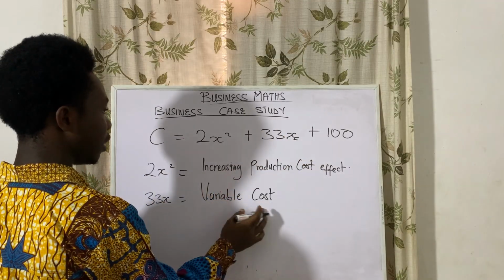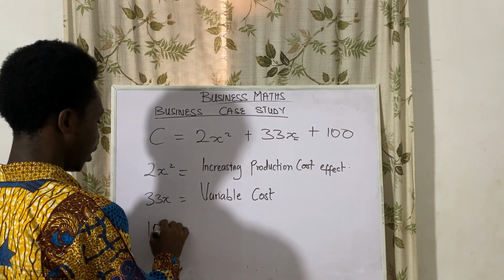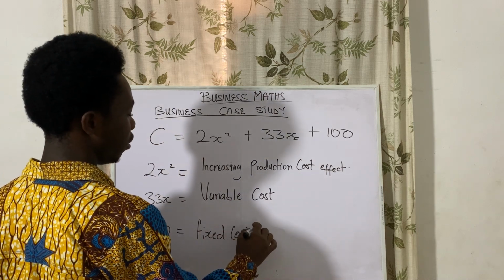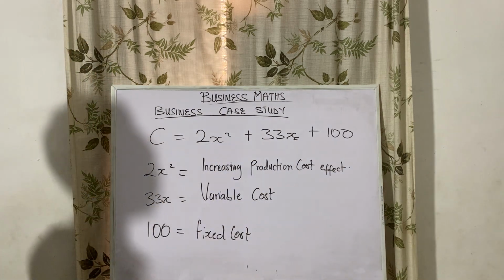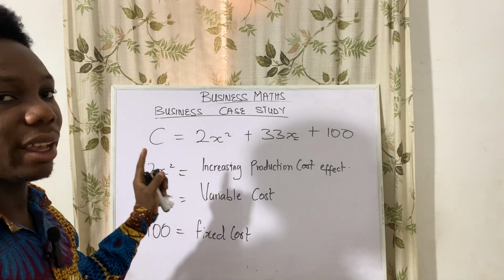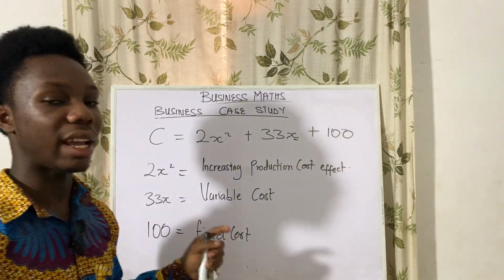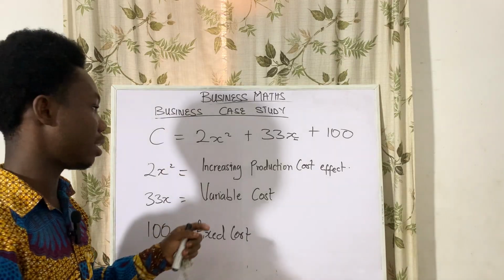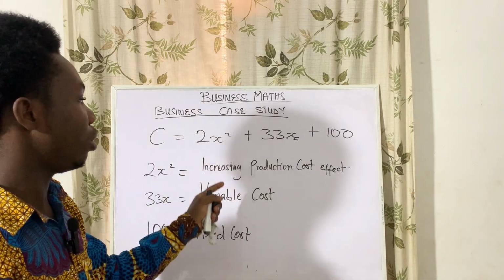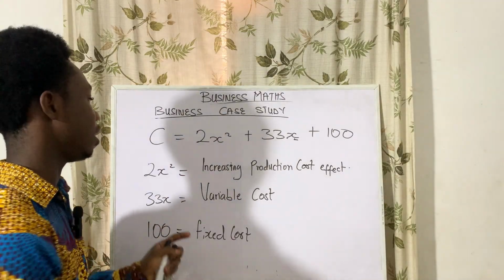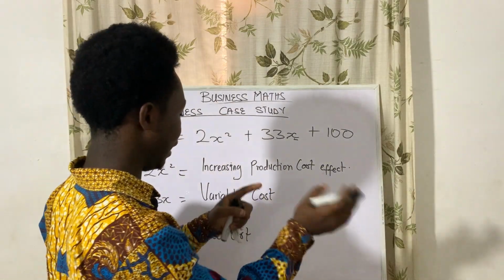Then the 100 becomes what? The fixed cost. So always when you are being asked to interpret something like this, there is an exponent. The exponent, or the degree, note that we said the degree is the highest power of x. So that's the increasing production cost effect.